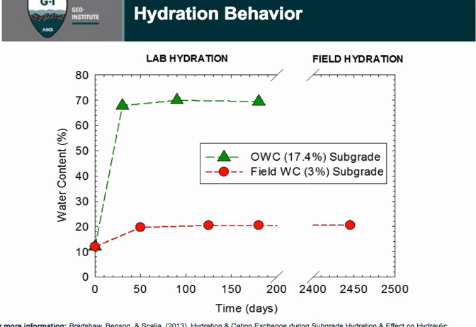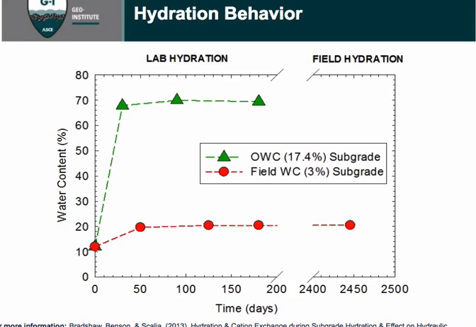What we found was that dry subgrades, as we had observed in the field, yielded rapid hydration to an equilibrium, maybe a low equilibrium, and then not a dramatic increase in water content. In contrast, if we hydrated on optimum water content subgrades, we tended to observe rapid hydration to a much higher GCL water content, and that water content was retained.